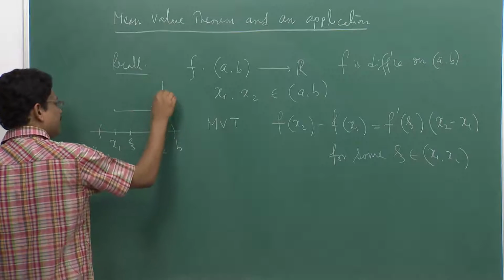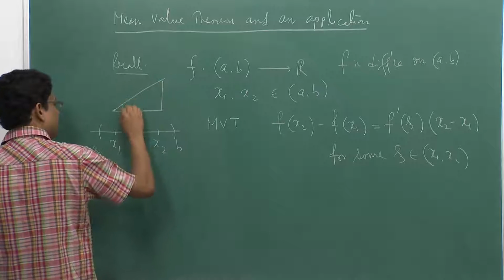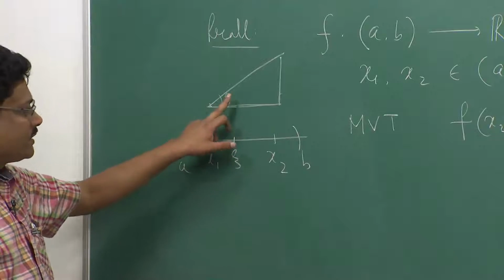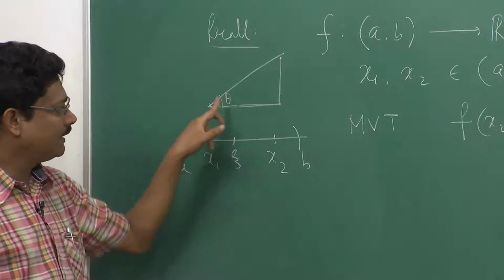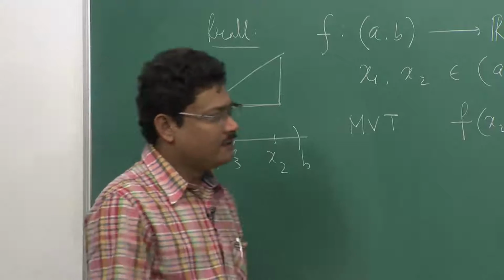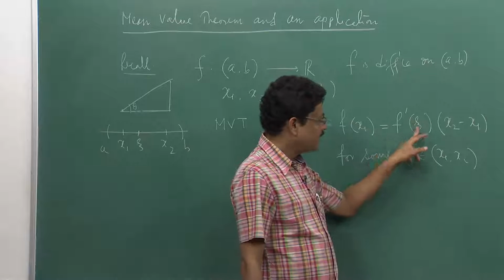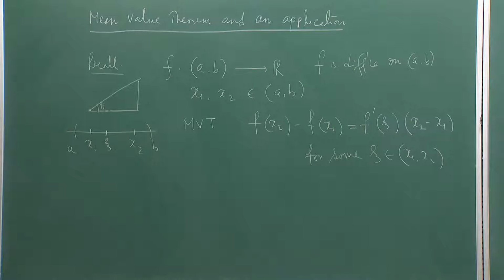So, this is the difference between f x 1 and f x 2. So, this ratio is tan of this angle, tan theta, that is given by the gradient at some point. Actually, it is a direct application of Rolle's theorem, the proof.